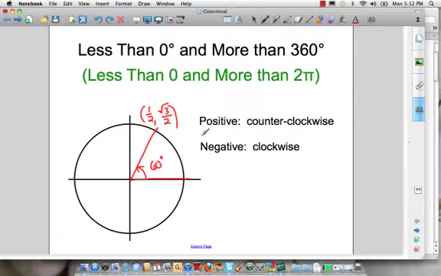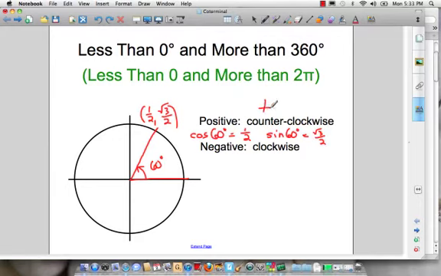And so that allows us to find the cosine of 60 degrees is the x-coordinate, 1/2. The sine of 60 degrees is the y-coordinate, or root 3 over 2.